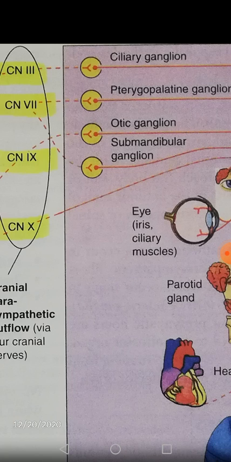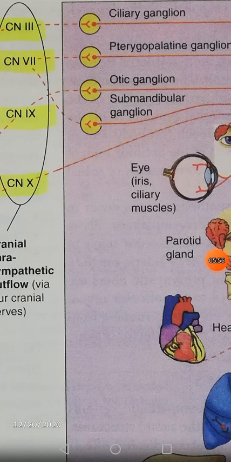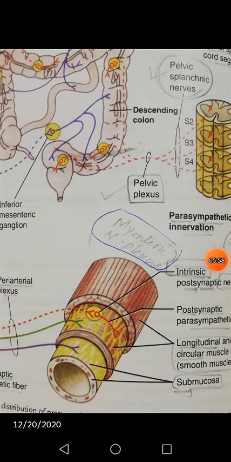Then you can see the pterygopalatine ganglion, which is associated with the facial nerve, and then the submandibular ganglion, which is also associated predominantly with the facial nerve. Then you can see the otic ganglion, which is associated with the glossopharyngeal nerve.